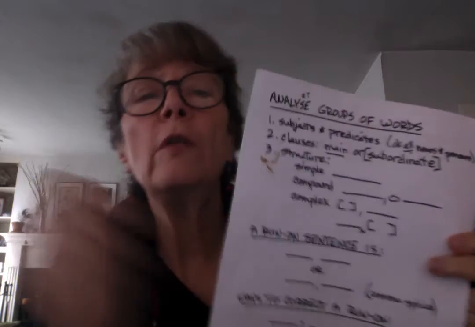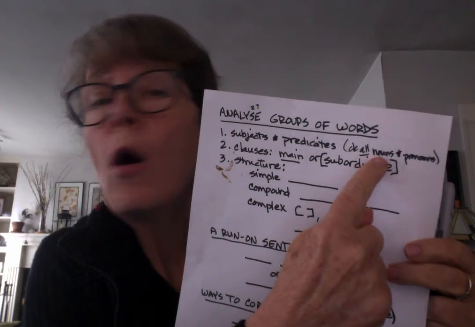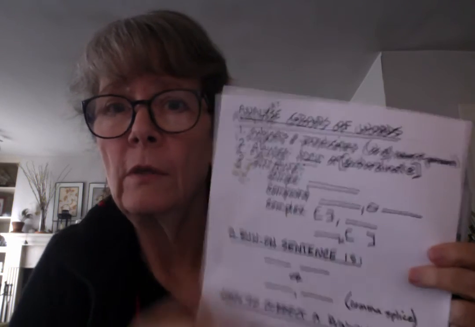And in order to do that, we want to make sure we check all the nouns and pronouns that we find in the sentence to see if they're subjects. If it's a noun or pronoun that's doing something, that has a verb with it, then it's a subject.